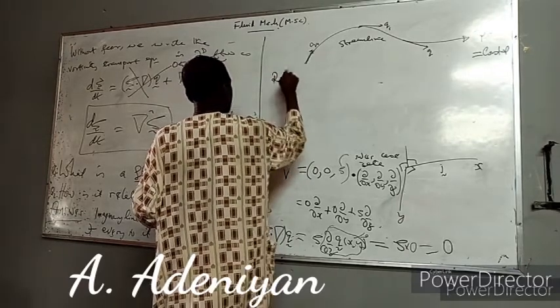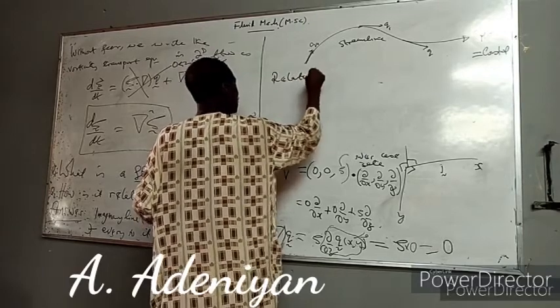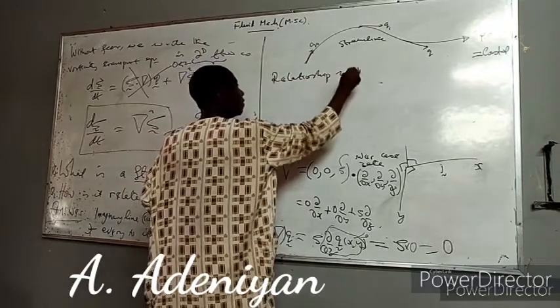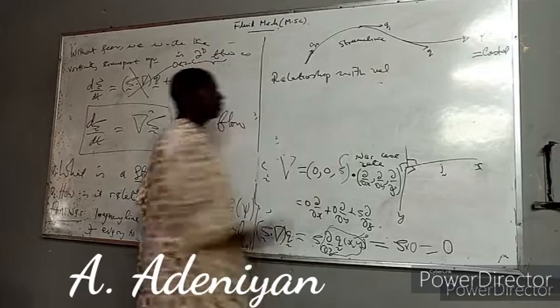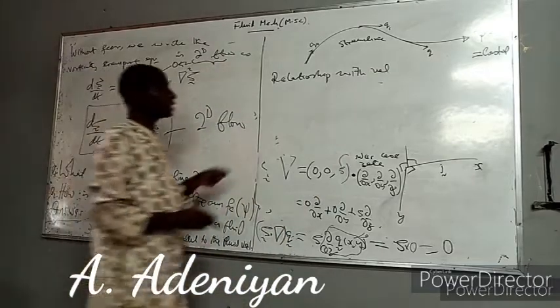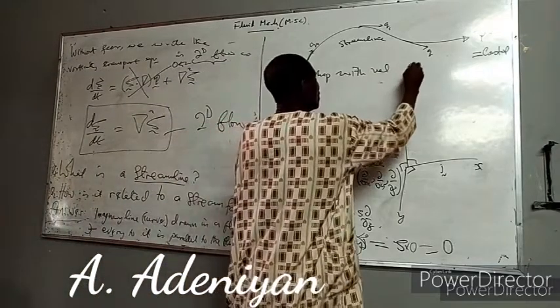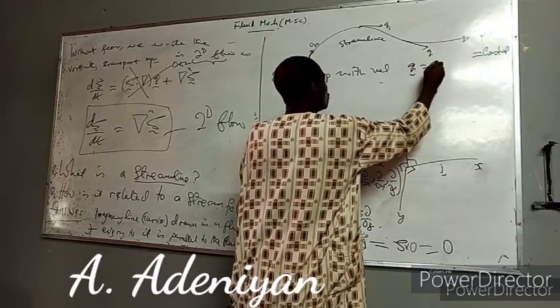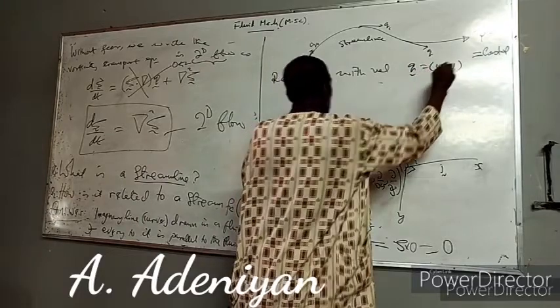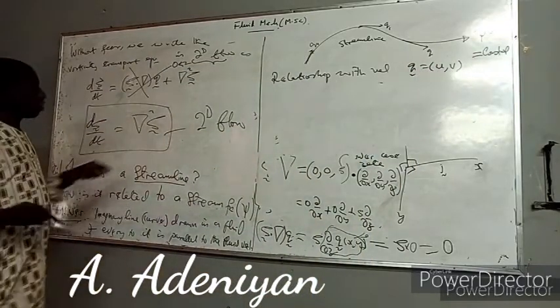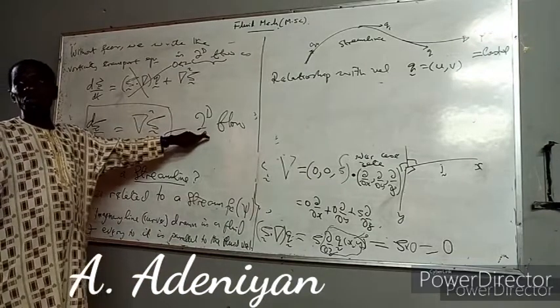Relationship with velocity. The velocity has components what? It has components U, V, because we are working on 2D flow, so we don't need W, it is 0.